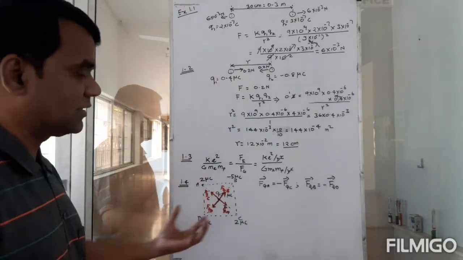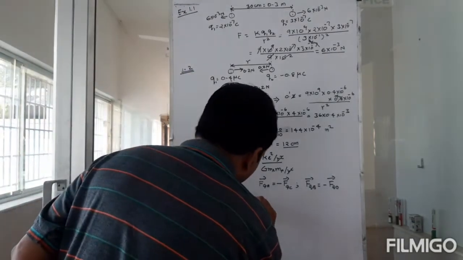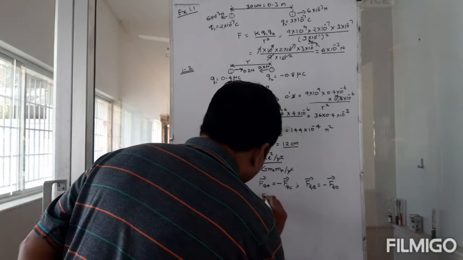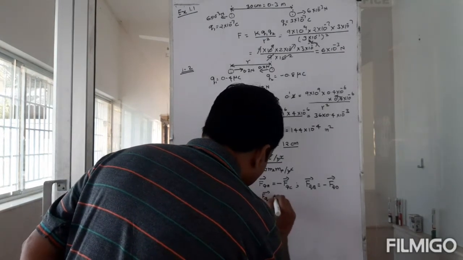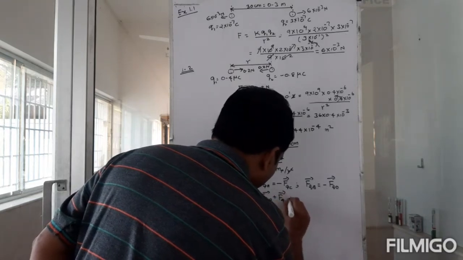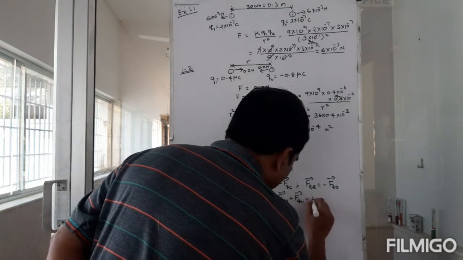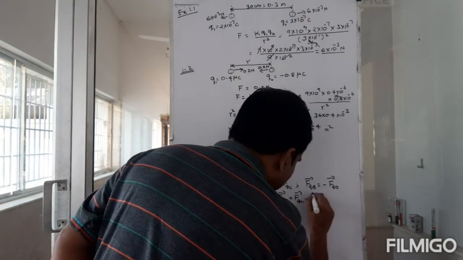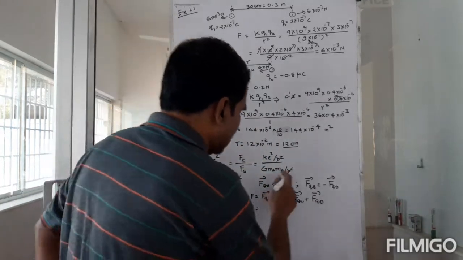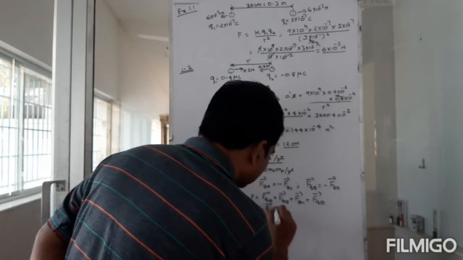And what are the forces acting on this charge? So the total force F is equal to F QA vector plus F QB vector plus F QC vector and F QD vector. That's what happens here. F QA is actually minus F QC vector.